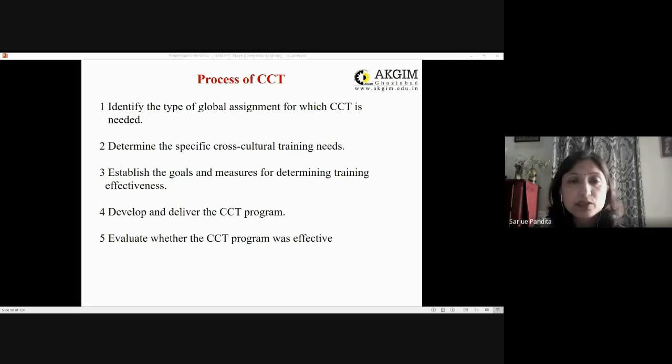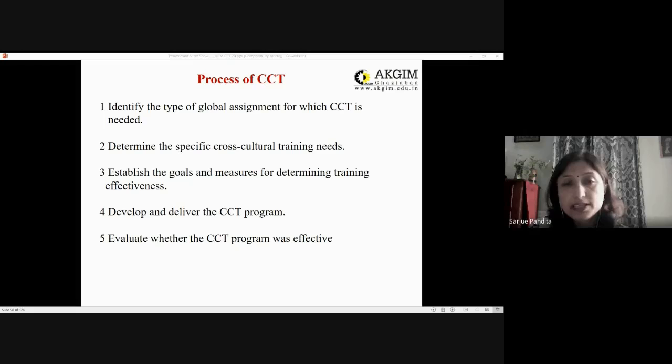That means the level of interaction will not be as intensified as for the person who has been sent on a functional assignment. So the level of cross-cultural training would not be at that intensity as compared to the person sent on a functional assignment.